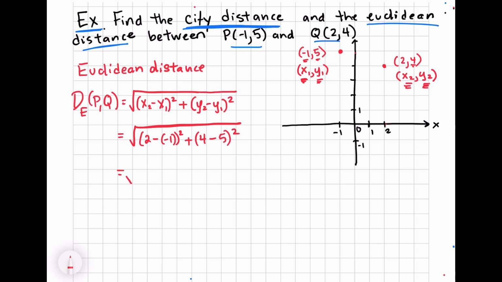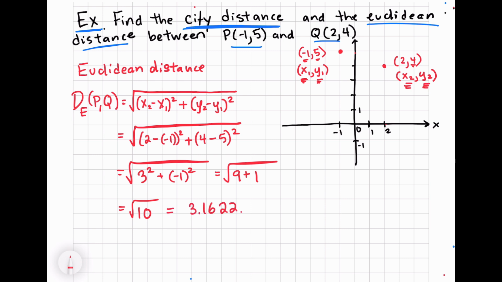So we have the square root of 3 squared plus negative 1 squared. This is the square root of 9 plus 1, which is the square root of 10, equal to 3.1622, which if we round to the tenth place, is 3.2 units.